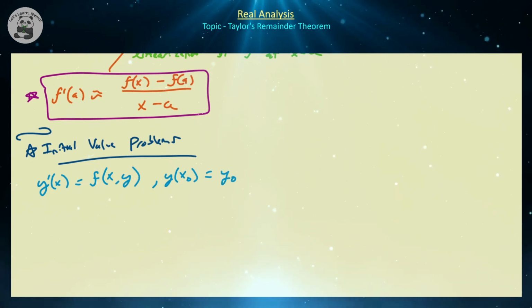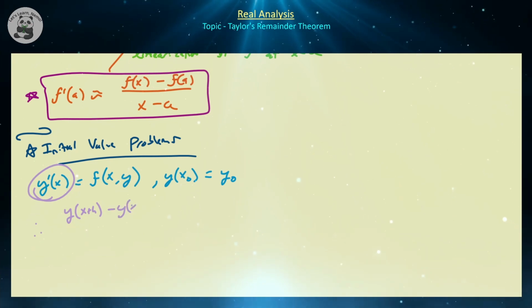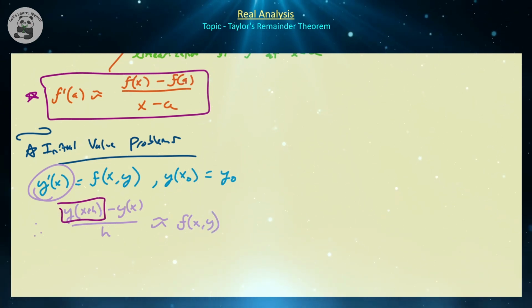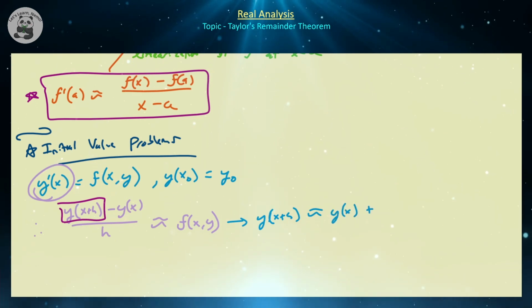If we approximate the derivative of y in this expression, then we're going to have y of x plus h, let's say, minus y of x, over h, approximately equal to f of x, y. And if we solve this equation for y of x plus h, what you're going to have is that y of x plus h is approximately equal to y of x plus h times f of x, y.